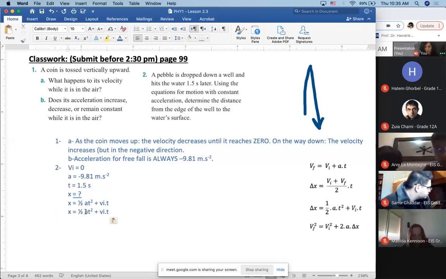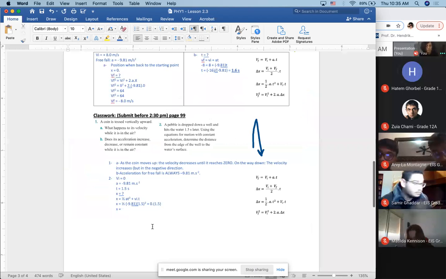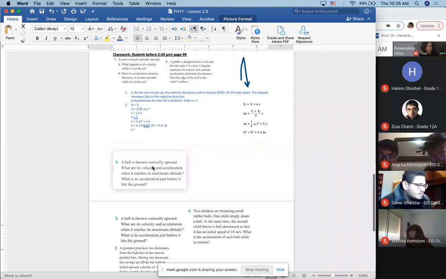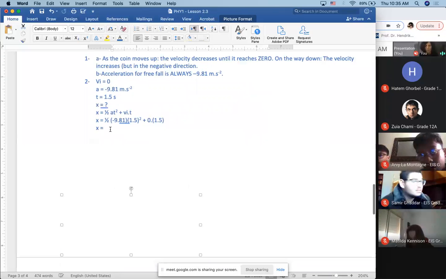I'm gonna use this again to plug in the values, right? Okay, so acceleration, do you have a calculator on you? Yes. Okay, please do the calculation for me. The answer is 11.03.